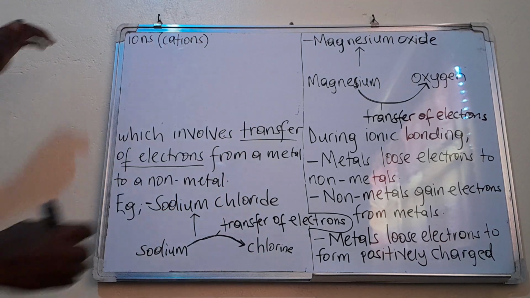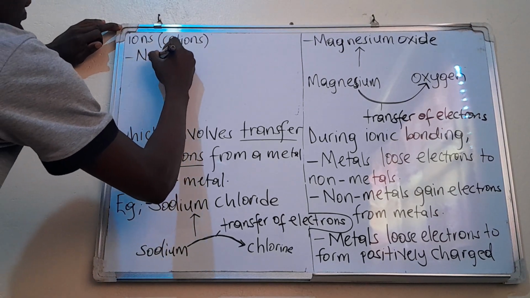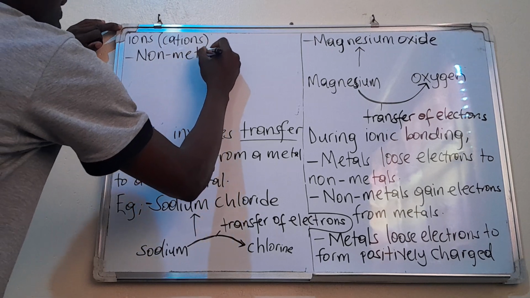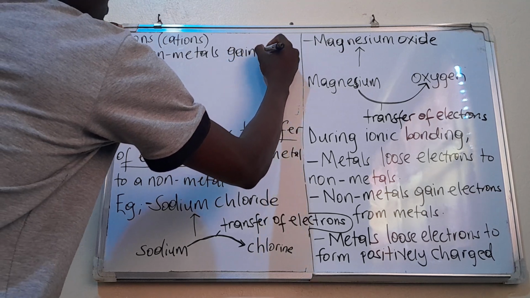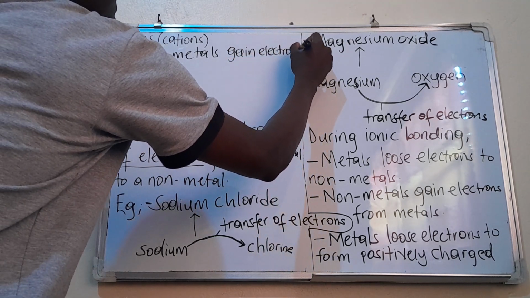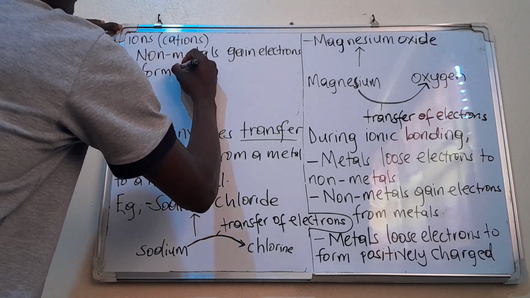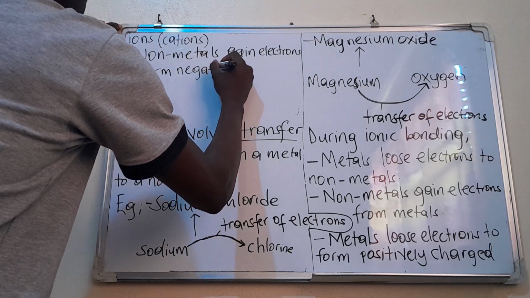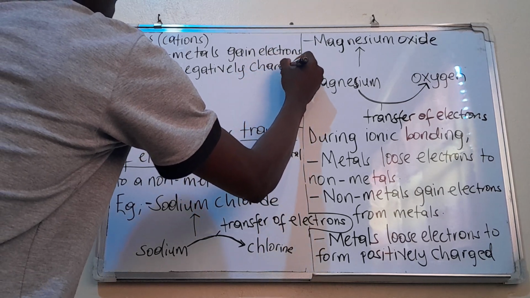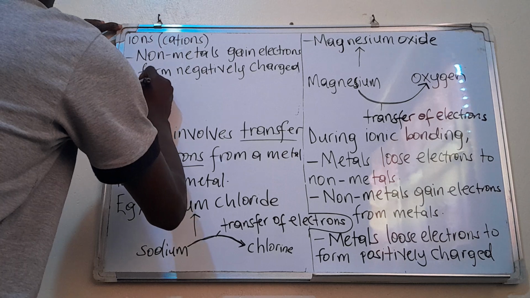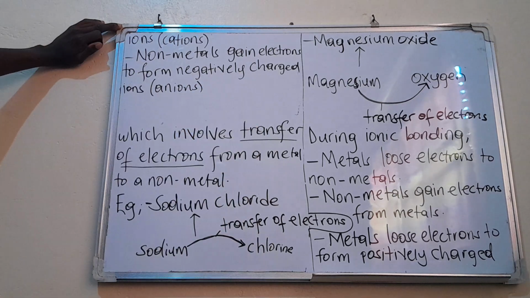Also non-metals gain electrons to form negatively charged ions, known as anions.